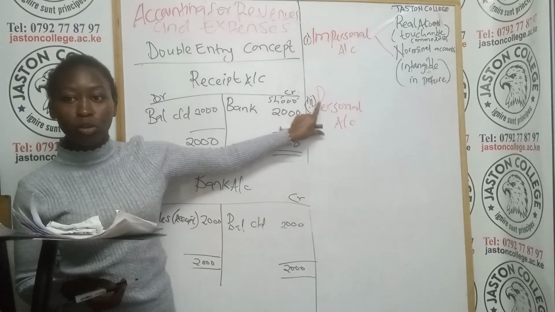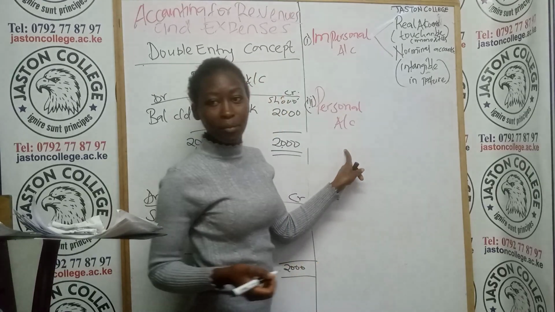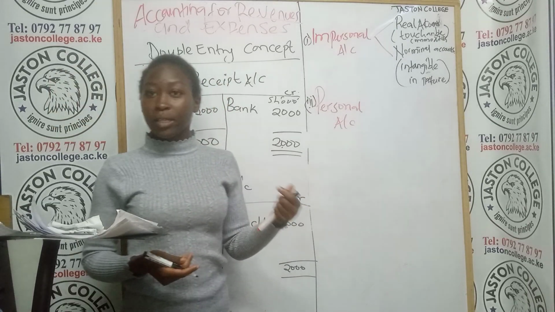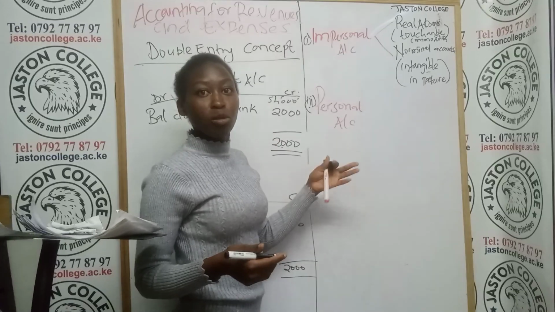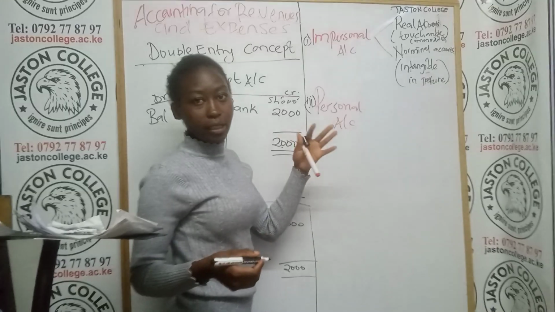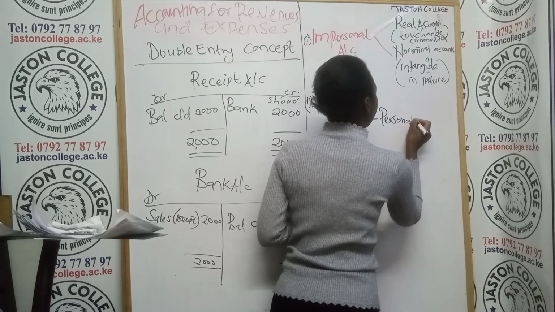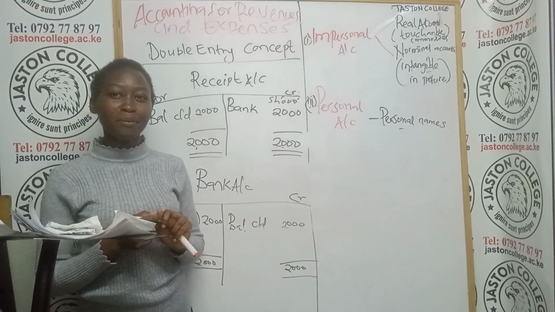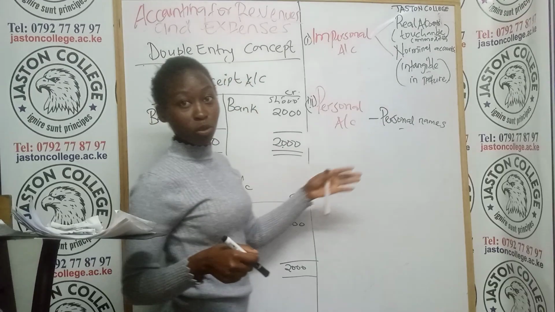We also have personal accounts. Personal means it has a name. That is maybe the business name. Maybe it's a sole trader or a company. It has a name. So in our personal accounts, we have personal names.